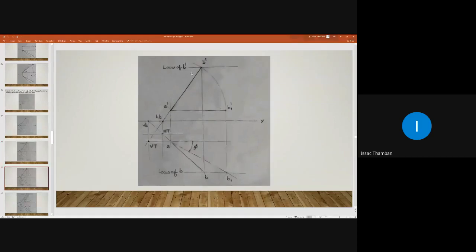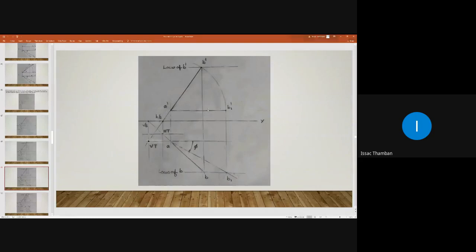So you take this radius in your compass. It's 50 mm. Take radius A dash B dash in your compass and with A dash as center. Before that, you have to draw a horizontal line from A dash to the left-hand side like this. A thin horizontal line from A dash. We are making it parallel to HP.